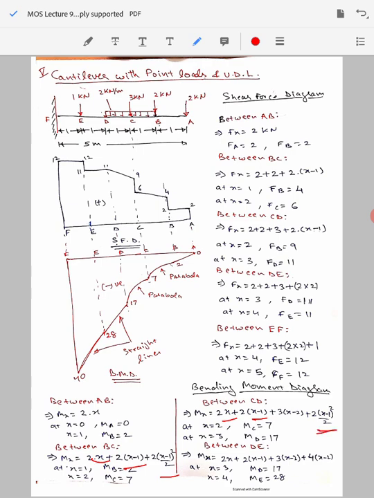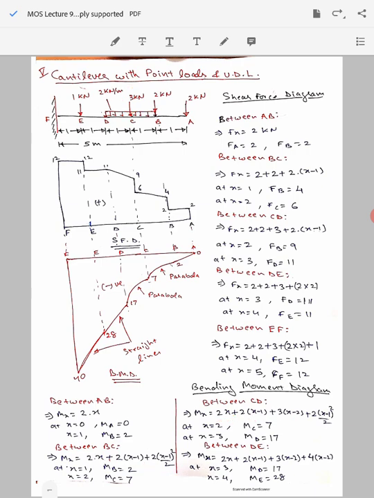Apart from these 3 things, there is another new load that has appeared, 3 kilonewton, which shall be acting at a distance of x minus 2 from the cut section. So you will get 3 into (x minus 2) appearing in this equation. You are going to substitute x equal to 2 and x equal to 3, the 2 extreme ends of the section CD. So you will obtain the value of bending moment as 7 and 17 in this equation.